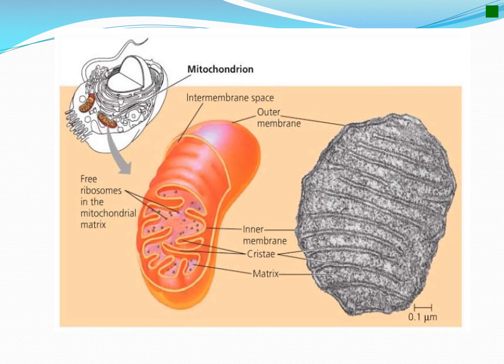You can see also that in the matrix, which is an internal fluid, there is the presence of ribosomes, and remember that both chloroplasts and mitochondria are able to produce their own proteins, proteins that will be required in the process of aerobic respiration regarding mitochondria, or proteins required in the process of photosynthesis regarding ribosomes in chloroplasts.